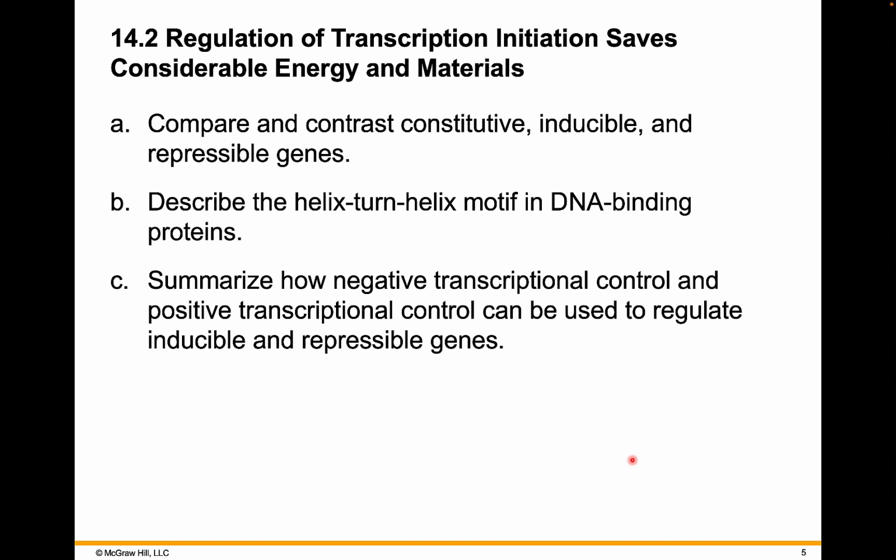So first we are going to talk about the regulation of transcription initiation, and the reason, as we already talked about, is that it saves considerable energy and material. We are going to talk about constitutive, inducible, and repressible genes, and see some of the DNA motifs that are responsible for this type of regulation.